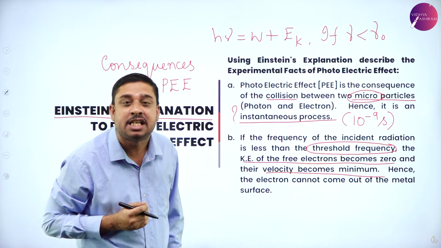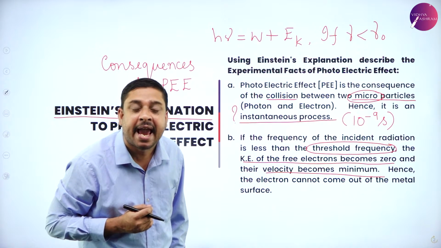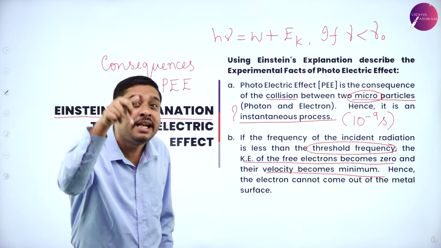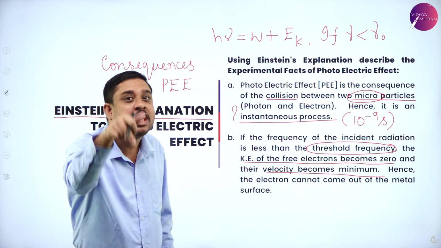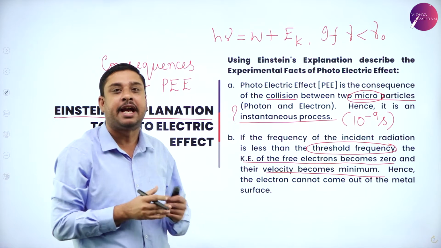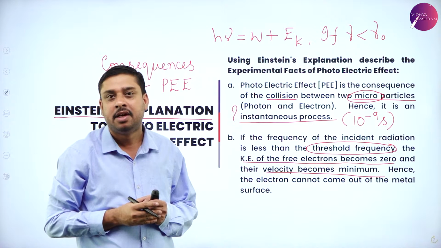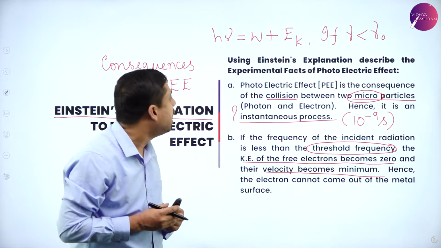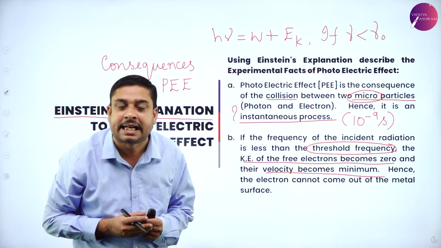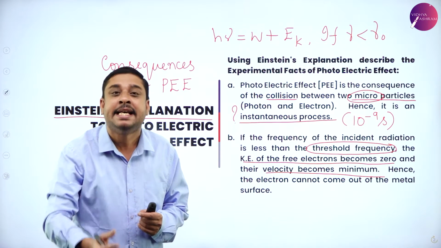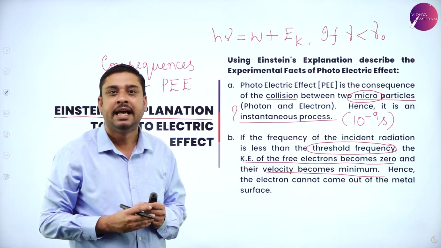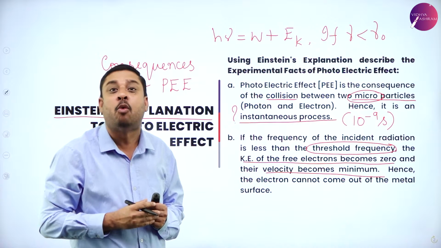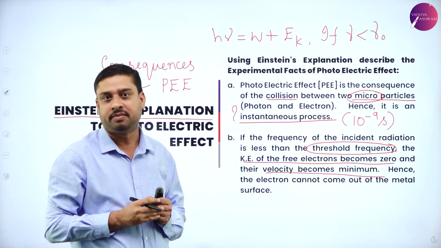The radiation fails to impart sufficient kinetic energy for those photoelectrons. To understand, if the frequency of the incident radiation is below threshold, electrons cannot overcome the work function of that metal.